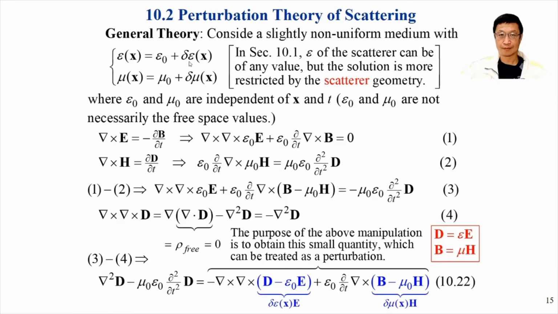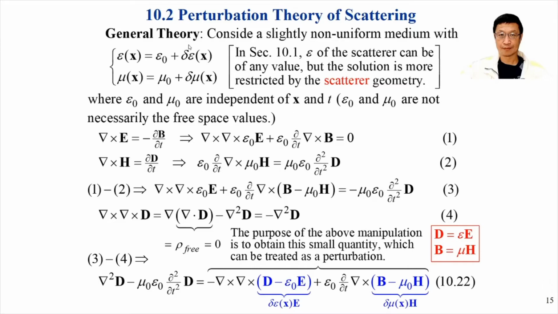And if you consider air consists of hydrogen, oxygen, nitrogen, the molecules will result in slightly change in epsilon and mu.